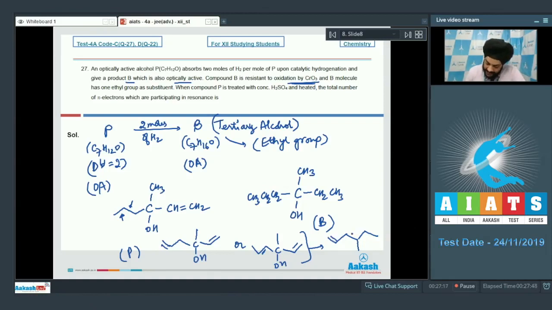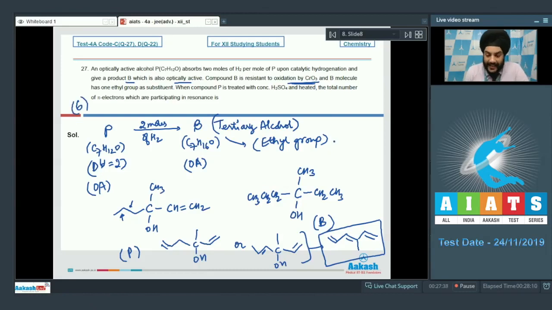So there is extended conjugation in the system, and this is the product finally formed after the reaction with concentrated H2SO4 and heat. If we talk about the number of pi electrons present in conjugation over here, students, we can clearly see that the answer to question number 27 has to be reported as 6.